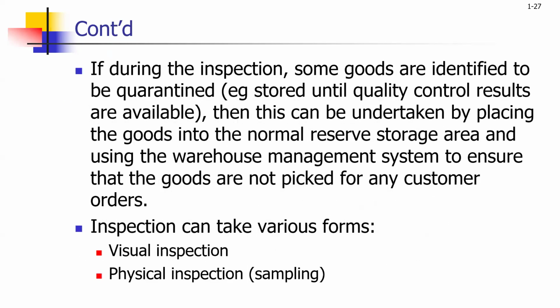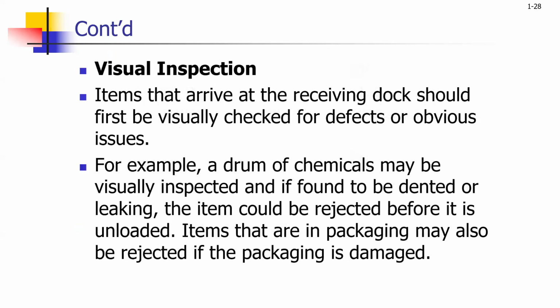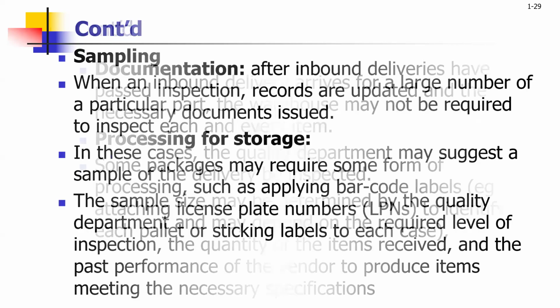So there can be visual inspection and physical inspection. Visual inspection is just having a look. You look with your eye, whereas physical inspection, you can sample a few of them, and then you can examine it with your hand to see whether they are in good shape. Yeah.